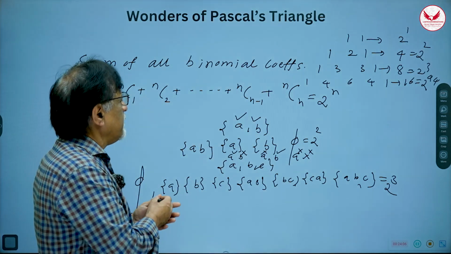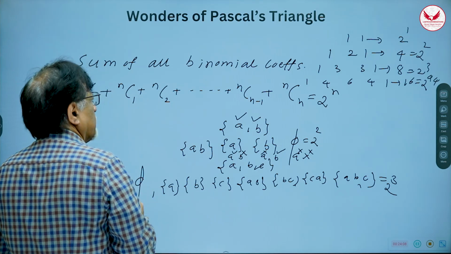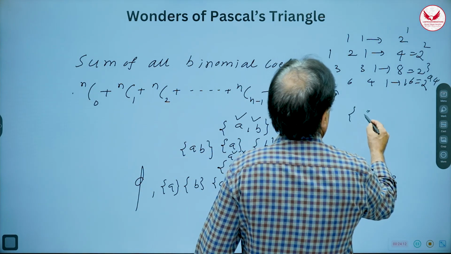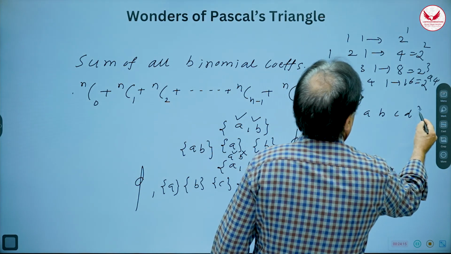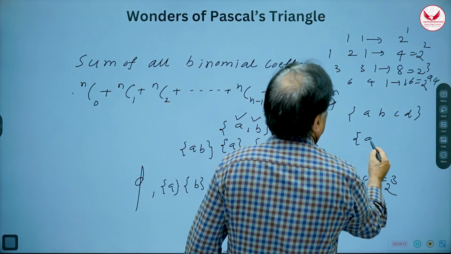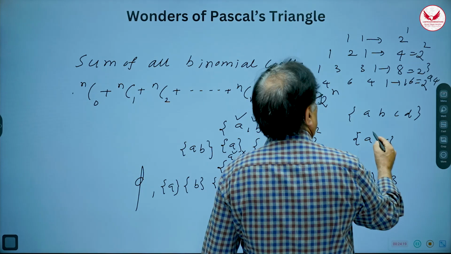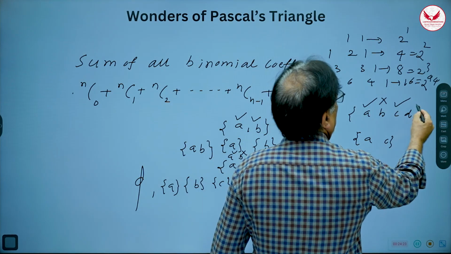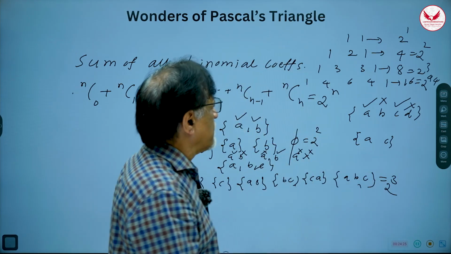That can be easily understood: suppose there is a set A, B, C, D, and I have selected a subset A and C. That means I am putting a tick mark on A and C, and a cross mark on B and D. So how many total subsets will be there?